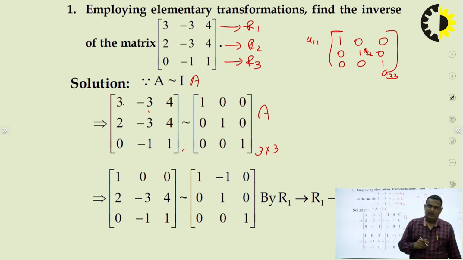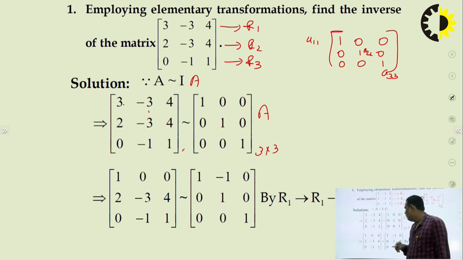So here in R1 first entry is 3. So how is it converted to 1? Just focus on the second row. Second row is 2 and third row is 0. If we apply R1 minus R2, so 3 minus 2 equals 1.